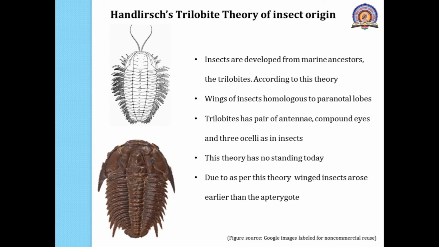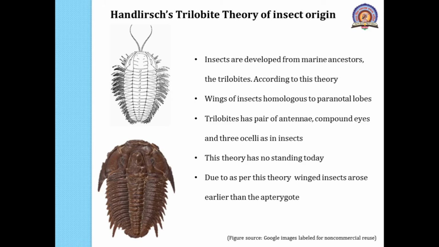But according to this theory, the winged insects arose first, and due to this drawback, this theory is rejected as the origin of insects from the trilobites.